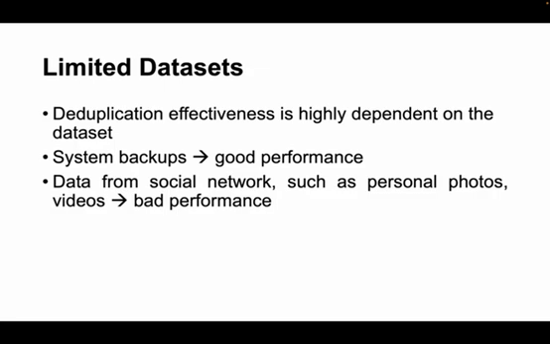When facing data from social network, most personal photos, videos are not identical, which will decrease the deduplication effectiveness. The authors claim that their method achieves good performance in their data sets. However, in my opinion, analysis using more realistic data sets is necessary.